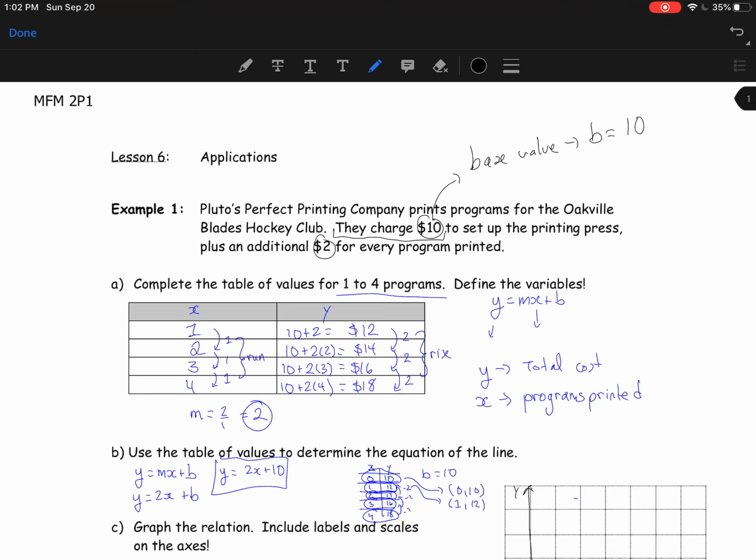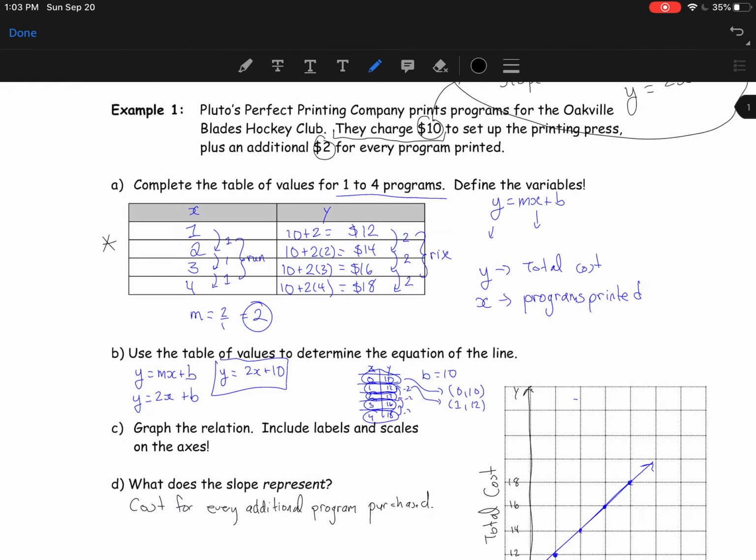And then they say they charged an additional $2, and that number is always going to be our slope. If we can pull that information out of the question, we can immediately set up our equation and then finish it off from here. Using a table of values does help, but this is the way that we can just read the question and get our equation from there as well. So we don't have to do this, although it is a nice step to visualize how much we're going up by every time.